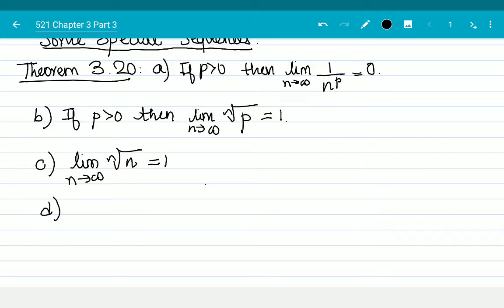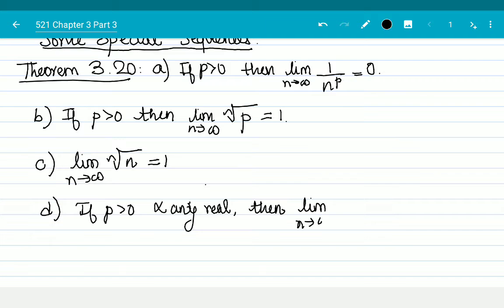D, if p is greater than 0 and alpha is any real, then the limit as n goes to infinity of n to the alpha over (1 plus p) to the n is equal to 0.